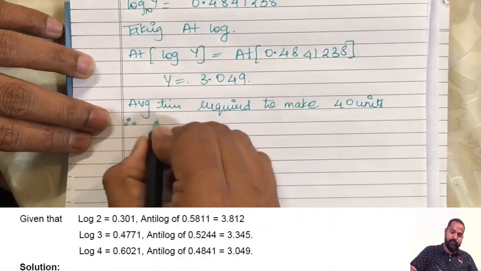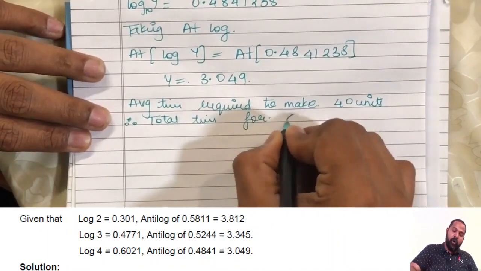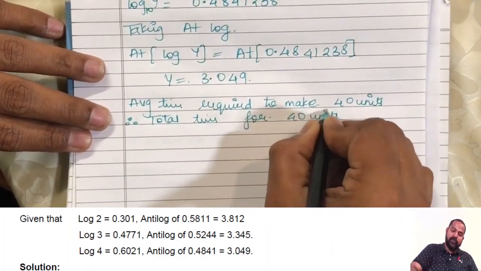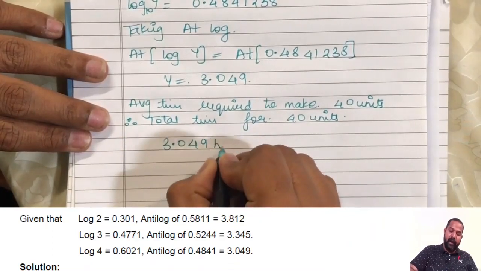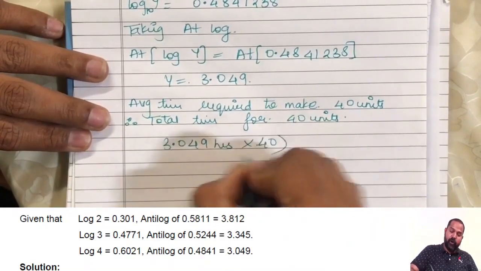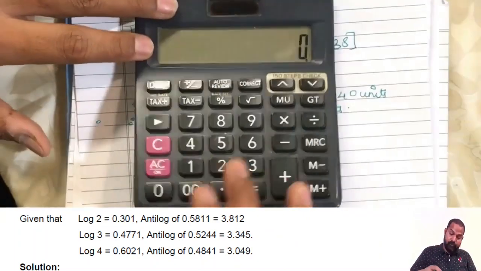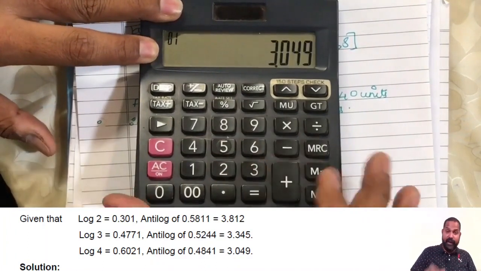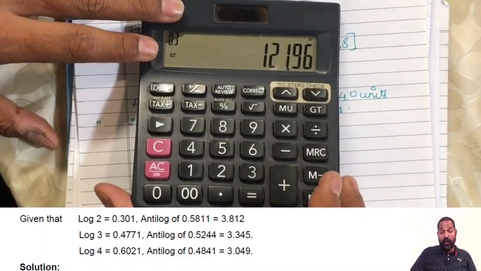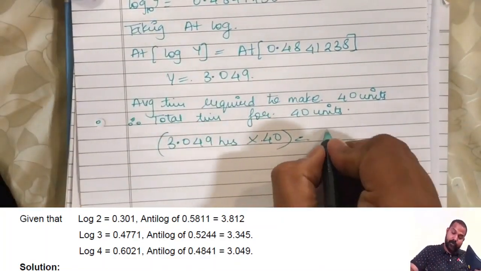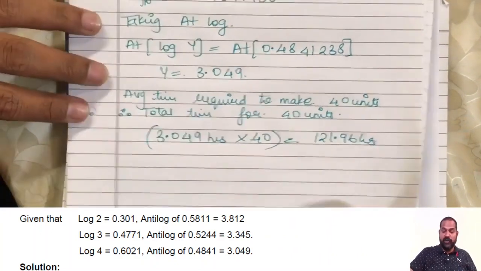So what am I going to say? I'm going to say therefore total time for 40 units is 3.049 hours into 40, which is 121.96. So let's go back.